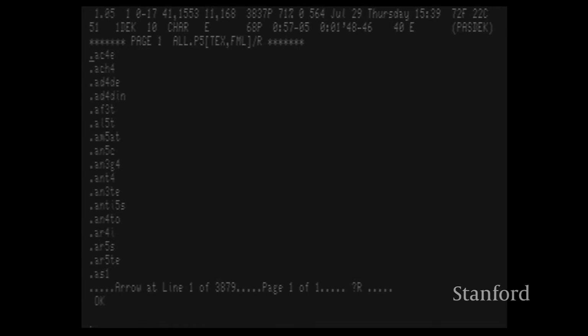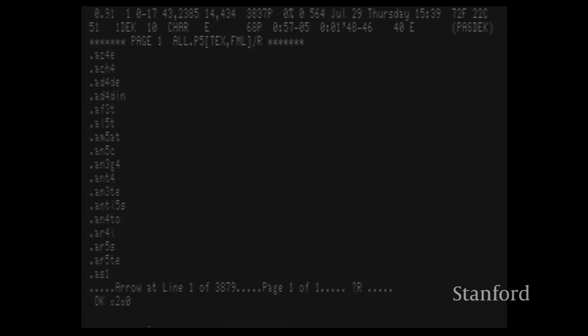Now a dot stands for the beginning of the word. So the first pattern is beginning of the word A, C, E, and the 4 means between the C and the E, you would suppress very strongly. You probably never want a hyphen with a word that starts with A, C, and the next letter being E. The next one says if you got a word that starts with ach, you don't want to hyphenate there. And so on. Okay, these are the things.